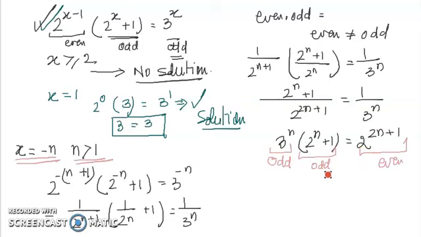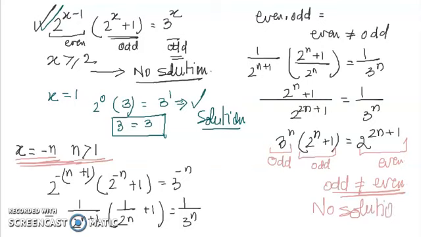But odd times odd will give you odd only, so odd cannot be equal to even, and we can say no solution for this third case also. So ultimately our solution is just x equal to 1.